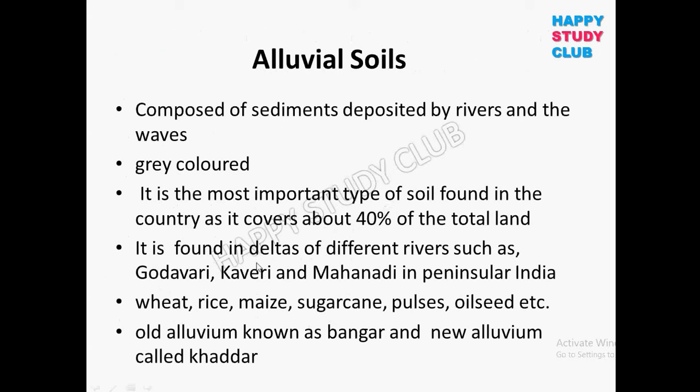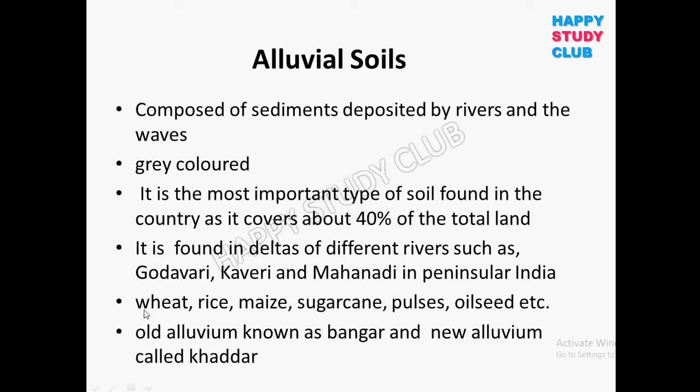It is found in deltas of different rivers such as Godavari in Andhra Pradesh, Kaveri in Tamil Nadu, and Mahanadi in Odisha in peninsular India.